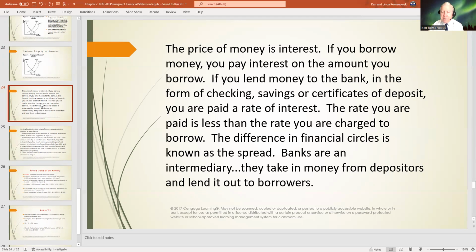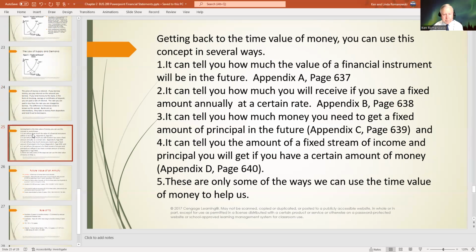When people deposit money at the bank, the bank is going to pay interest to those depositors. Is it possible that a depositor can lend money to an individual? Yes, that can happen. But in a lot of cases, people don't have that ability. So that's where banks come in. They are an intermediary between borrowers and depositors.